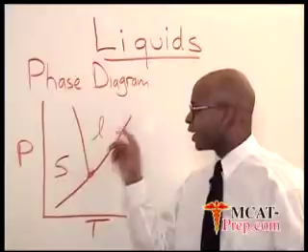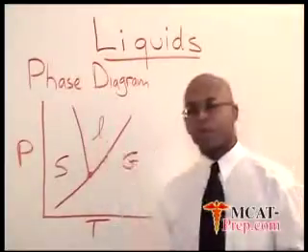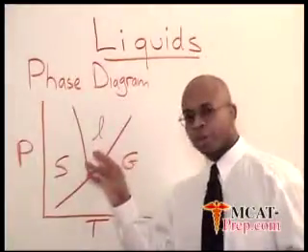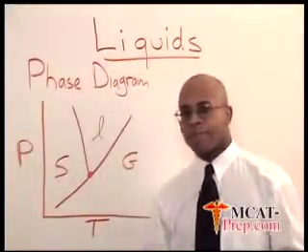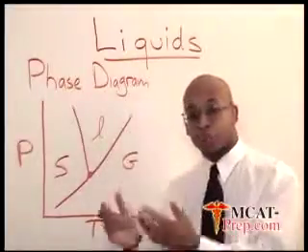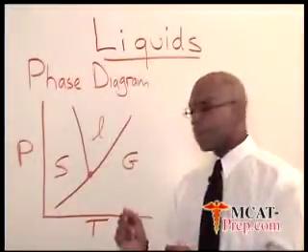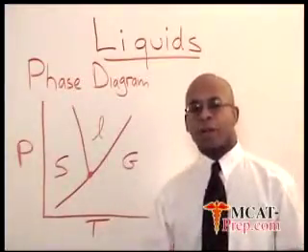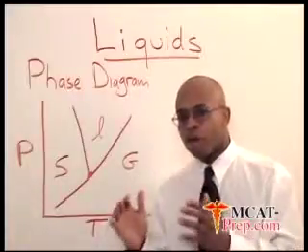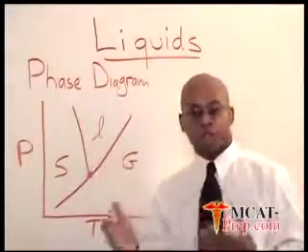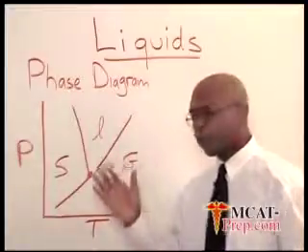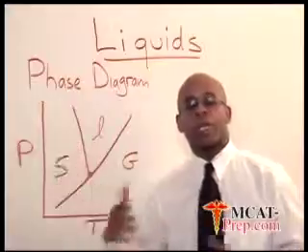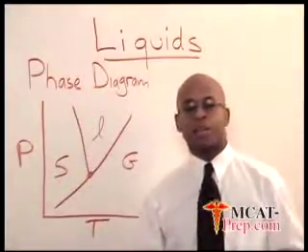So by adding something into the liquid, and we call that something a solute, creating a solution, right away you're going to increase the boiling point of the solution. So whatever water's boiling point was before, which is generally 100 degrees Celsius, all of a sudden the boiling point will be higher, 101 or 102, depending on the number of particles that we add to the water.